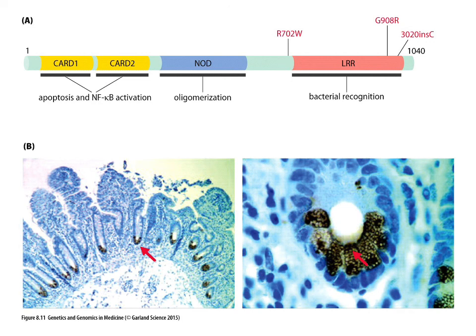This particular slide depicts the Crohn's disease susceptibility factor NOD2 and common variants and their expression in Paneth cells. So in A, the actual gene is shown and the different regions that were identified as being important in the function of the gene product, or the protein that this gene produces.